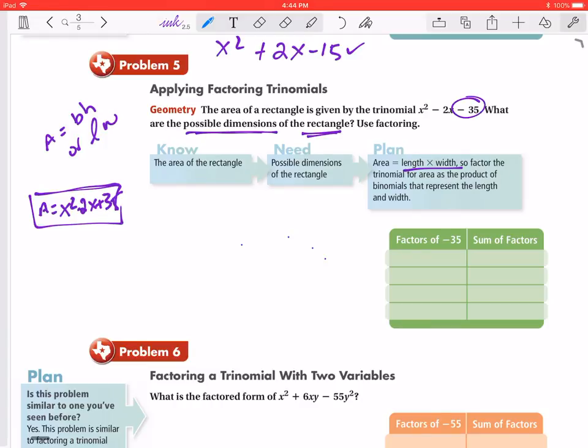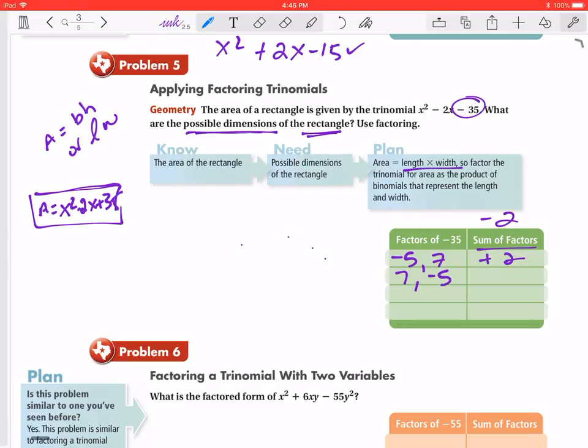We're going to use the value of c, which is negative 35, and the sum of the factors is going to give us negative 2. All right, so we have 5 and 7, okay? And again, this is a negative. We want our value to be negative when we multiply it, so that means we're going to have a negative and a positive. So 7 minus 5 will give us a positive 2.